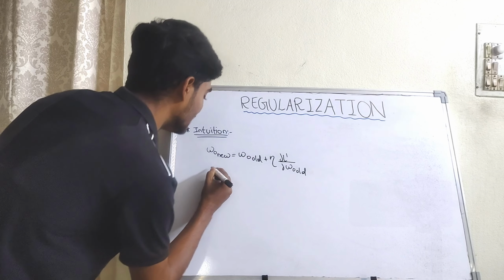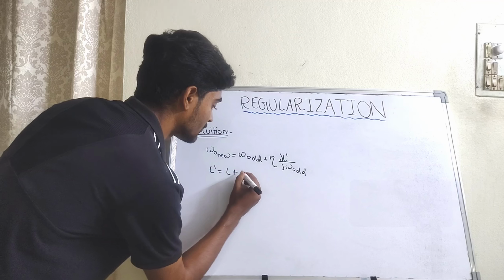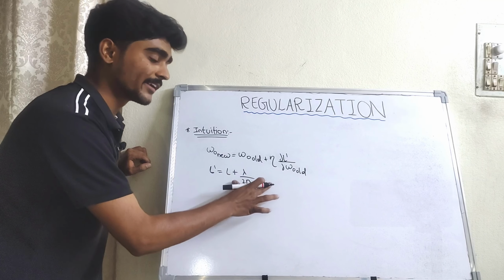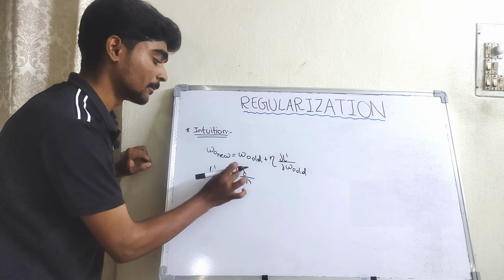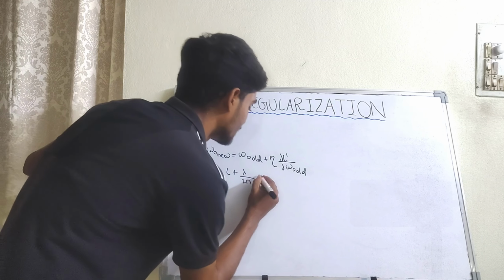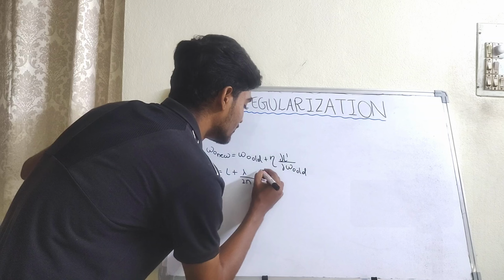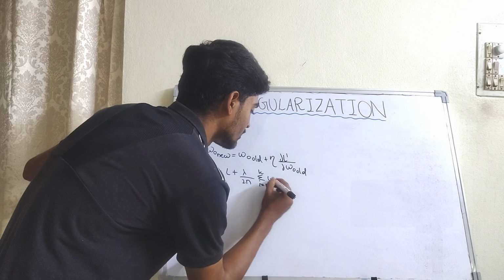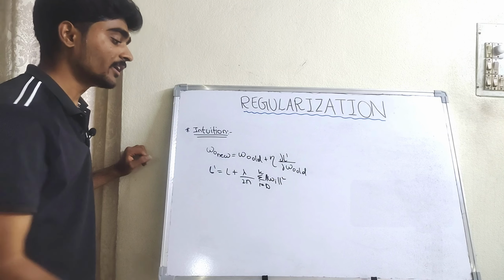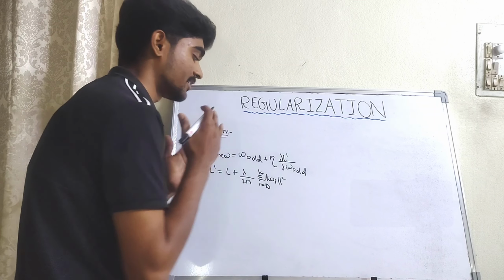Here L dash is equal to loss plus lambda by 2n, that is loss plus the regularization term, the summation of i is equal to 0 to k modulus of wi whole square. This is basically L dash, that is the loss after regularization.